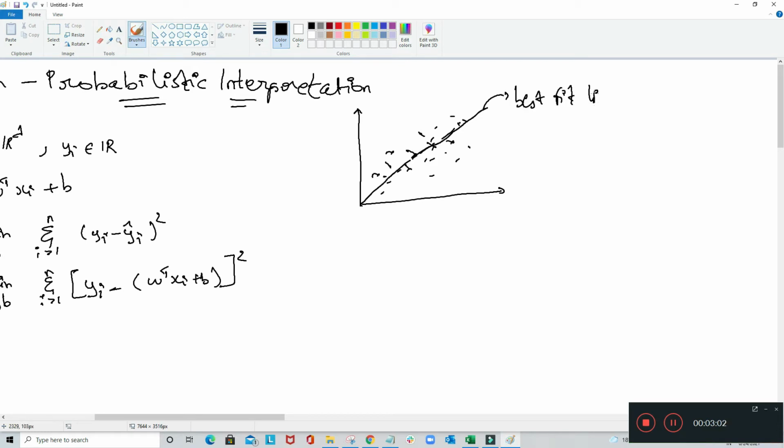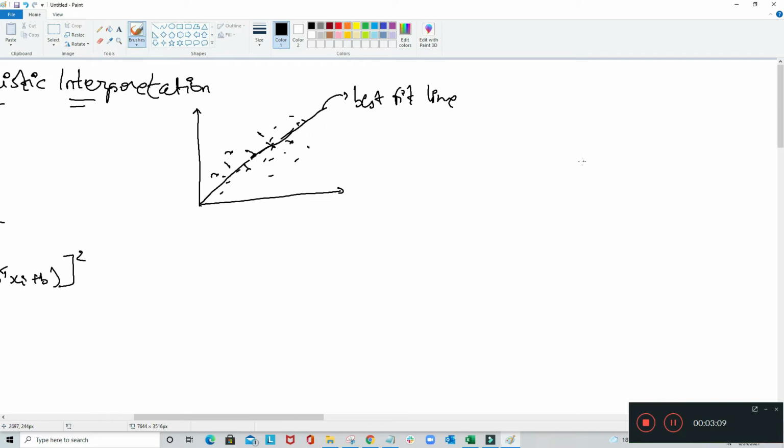Best fit line. And my loss is given by this, and the x-axis is defined as error.